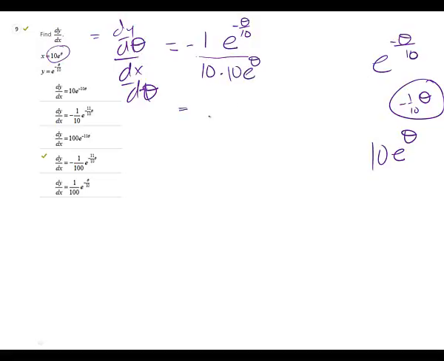Let's look at our answer choices. Now we've got e to the negative theta over 10 over 100 e to the theta, but that's not in my answer choices. But really, isn't this the same as saying, with common denominators, 10 theta over 10?